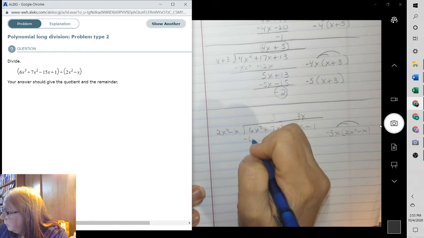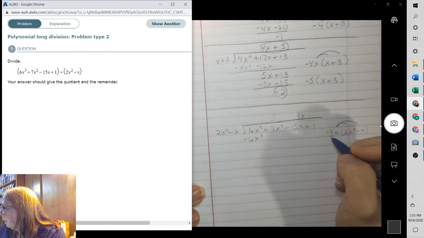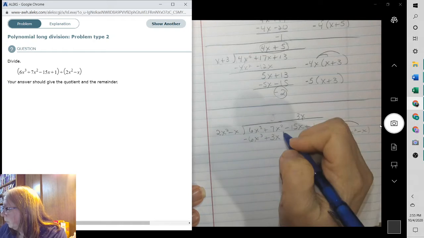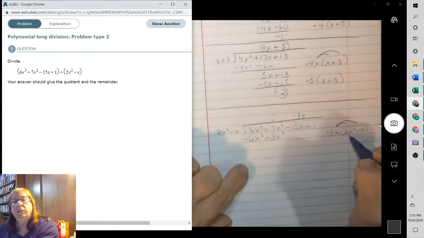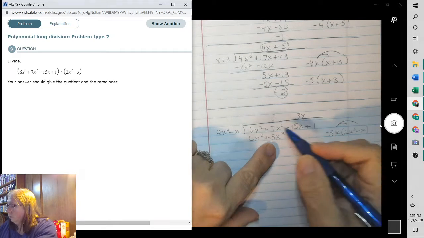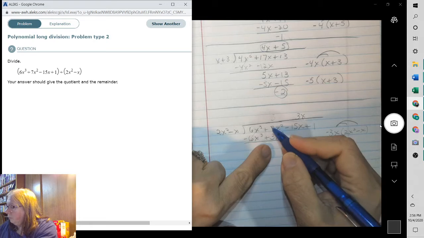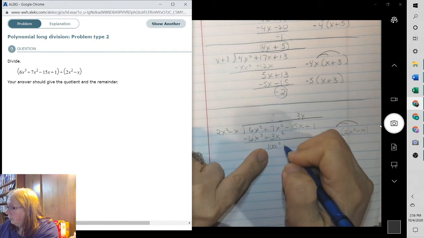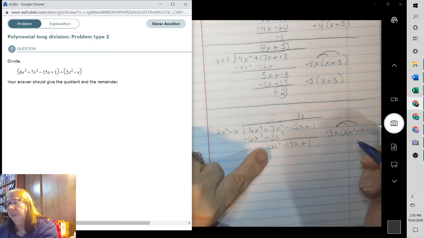So we have negative 6x cubed plus 3x squared. Multiplying these, you get this. Going down, this cancels, and I'm left with 10x squared minus 15x plus 1, bringing everything down.